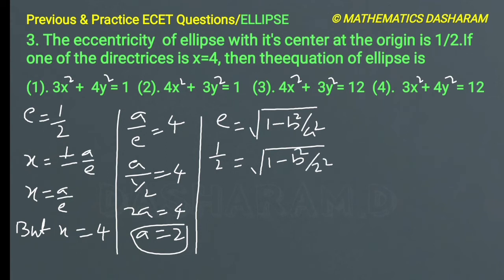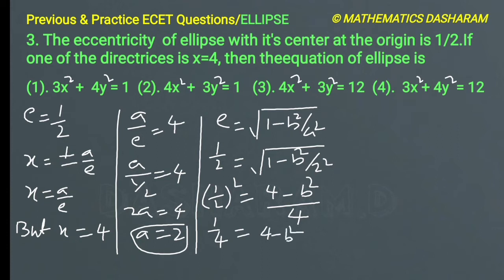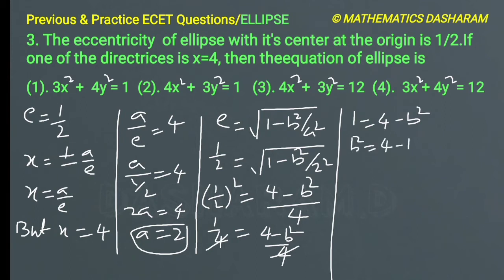Now the square root transposes to the left side. So 1 by 2 whole square equals, LCM is 4, so 4 minus b square. So 1 by 4 equals 4 minus b square divided by 4. Here 4 cancels. So 1 equals 4 minus b square. Then b square equals 4 minus 1. b square equals 3.